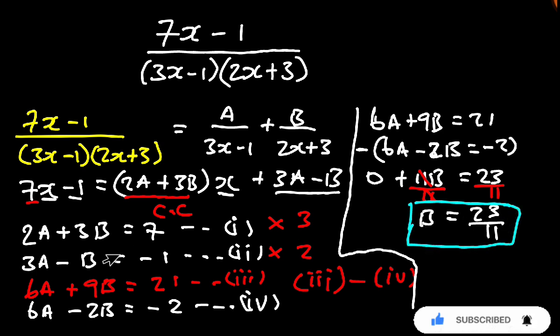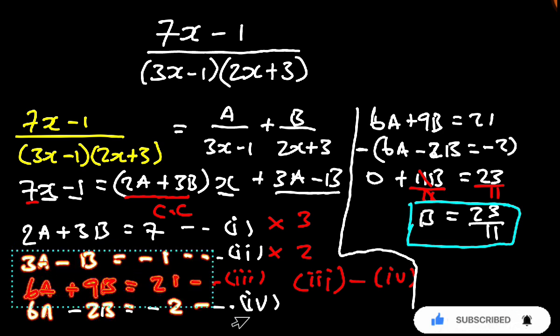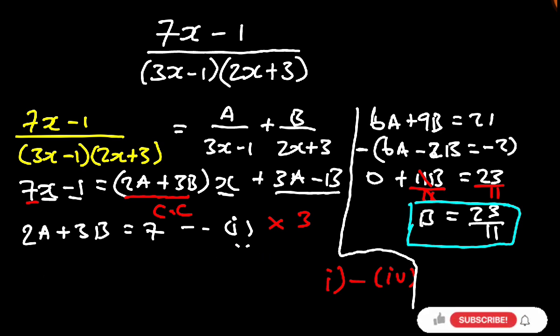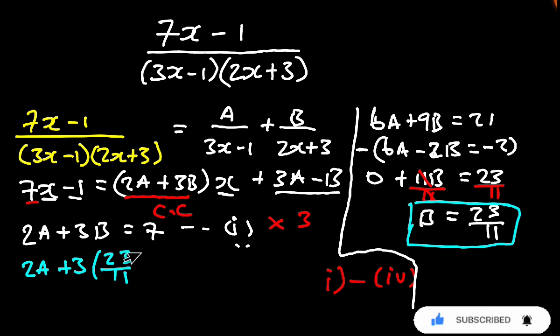Now to find the value of a, let's replace b with 23 over 11 in equation I. So we have 2a plus 3 multiplied by b, which is 23 over 11, then equals 7.